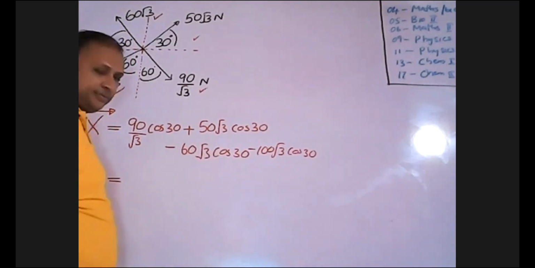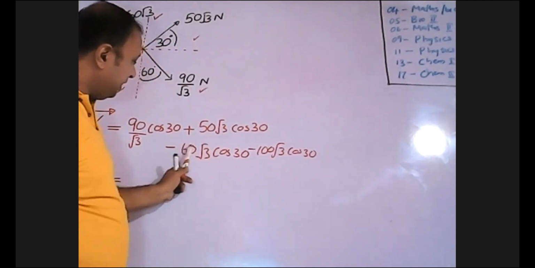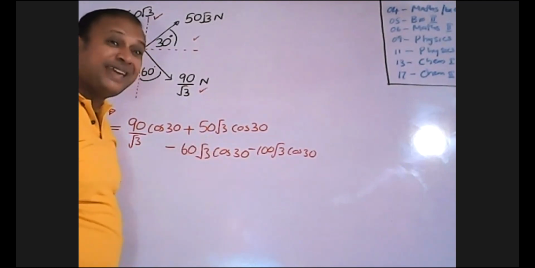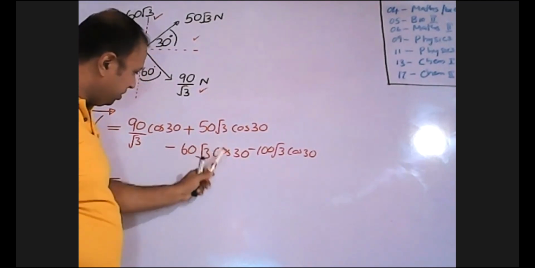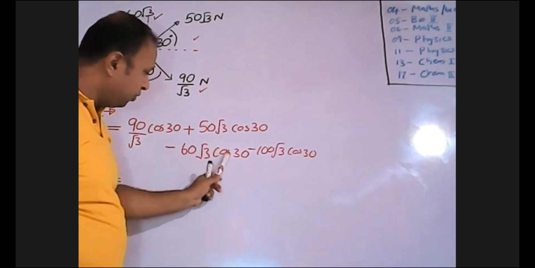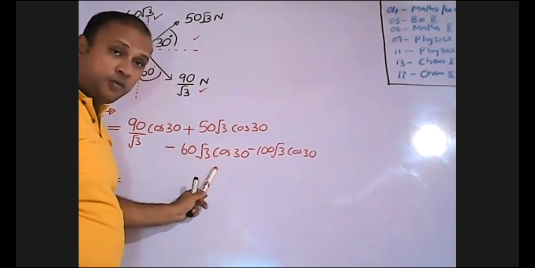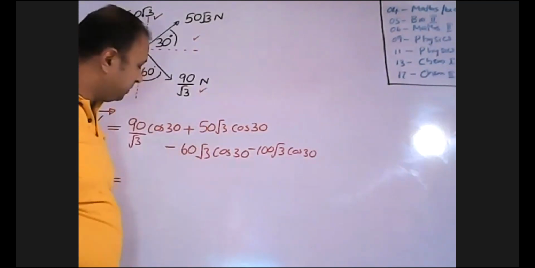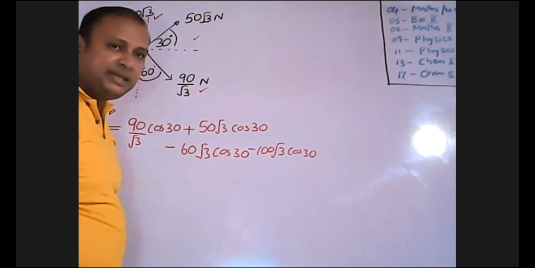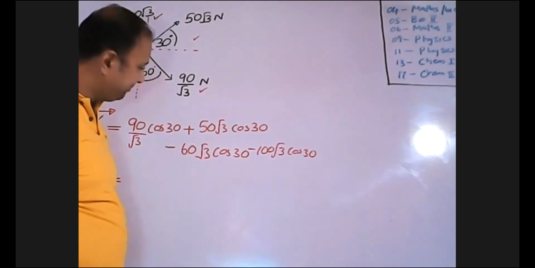Then this one, root 3 over 2, that means 30 into 3, which means 180. Root 3 into root 3 is 3. 60 over 2 means 30, 30 into 3 means 90. 120 minus 90, that means 30.